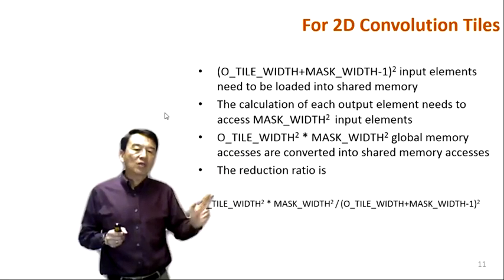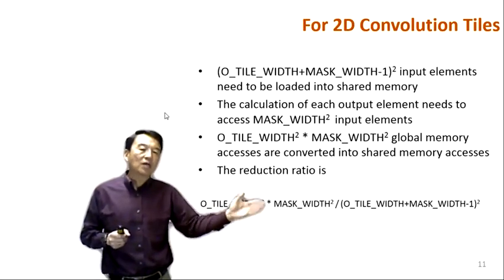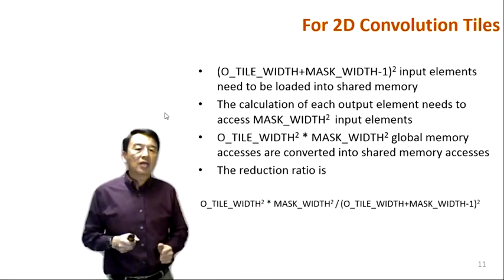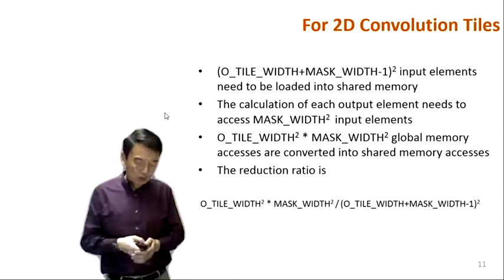So overall, the memory access reduction ratio is going to be exactly output tile width square times mask width square divided by output tile width plus mask width minus 1 squared. And you should be able to expect that the reduction is going to be more significant than the one-dimensional case.